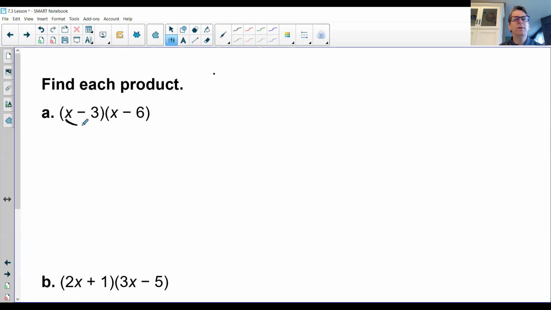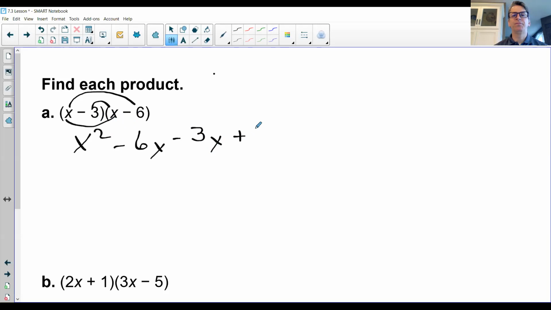Okay, so x times x is x squared. Outer is negative 6 times x. Inner is negative 3x. Last is negative 3 times negative 6, which is a positive 18.